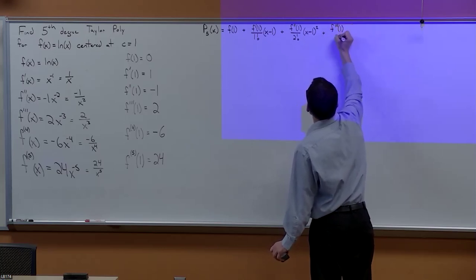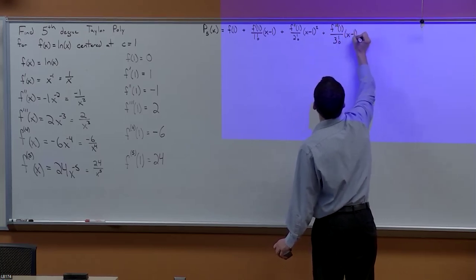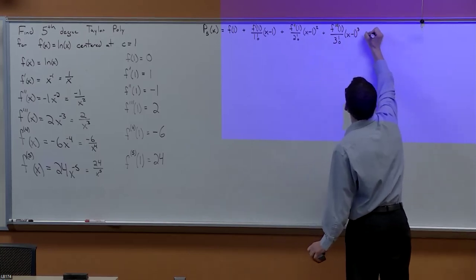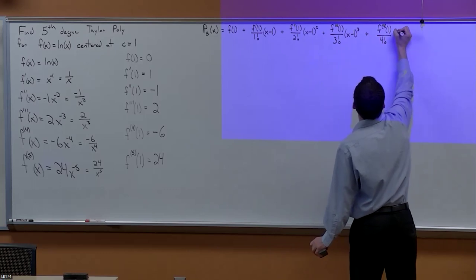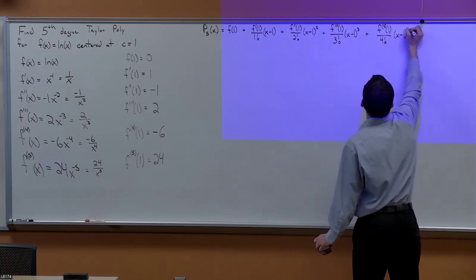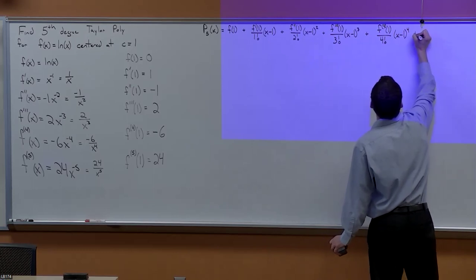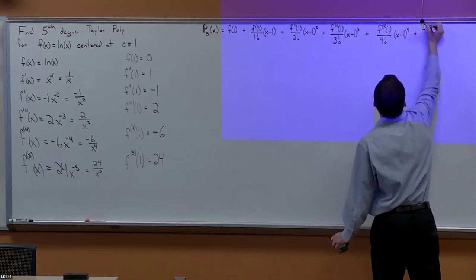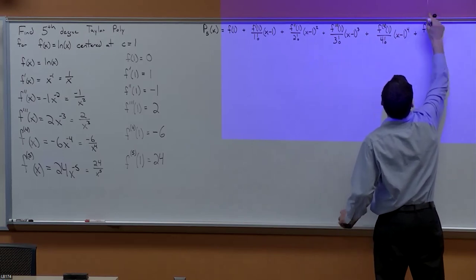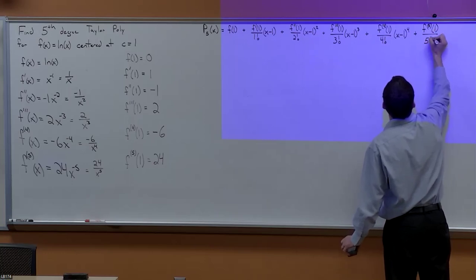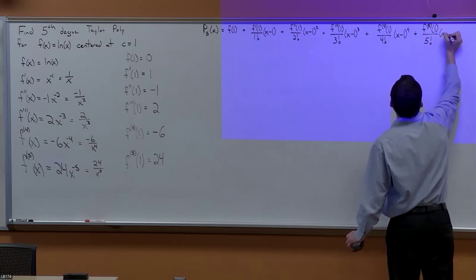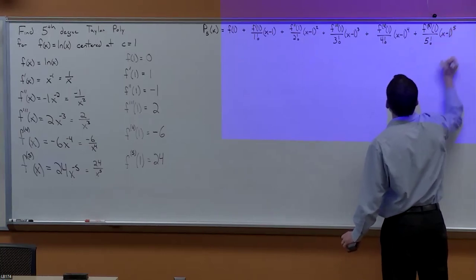Third derivative, plug in 1 divided by 3 factorial times x minus 1 to the third power, plus fourth derivative, plug in 1 divided by 4 factorial times x minus 1 to the 4th power, plus 5th derivative, plug in 1 over 5 factorial times x minus 1 to the 5th.